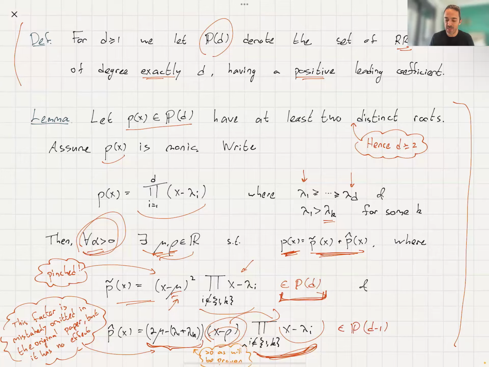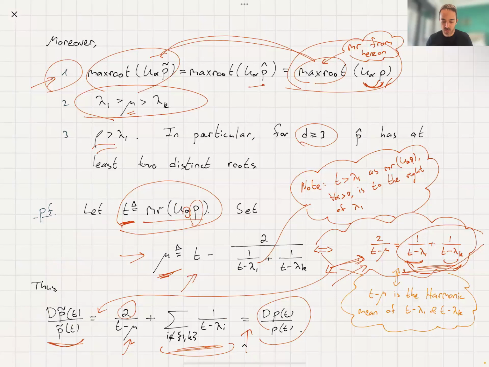And we just proved that the max root of U alpha P tilde is the max root of U alpha P. And mu, which is the new root of P tilde, we just bounded by lambda 1 and lambda k, just because T minus mu was the harmonic average, and lambda 1 is different than lambda k, so mu is strictly sandwiched in between these two numbers.